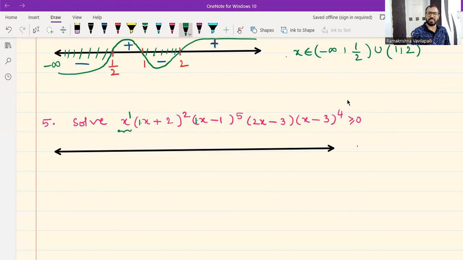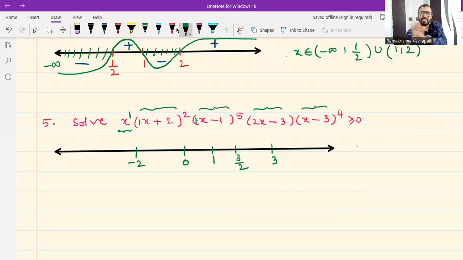Now plot all the roots of this expression. So the first one is 0 when x equal to 0. And this is 0 when x equal to minus 2. And this is 0 when x equal to 1. And this is 0 when x equal to 3 by 2. And this is 0 when x equal to 3.